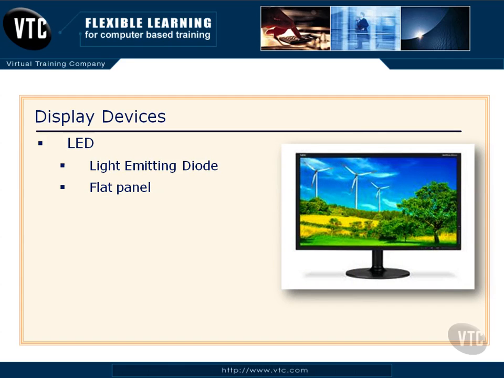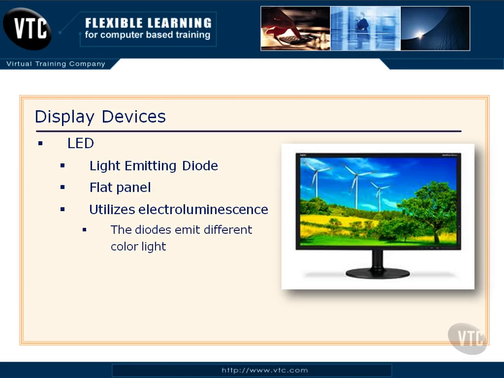LEDs look just like LCDs. They tend to be more contrasty. Some people love them, other people don't like them so much. But the key word to watch for here is electroluminescence. That is what they utilize, the electroluminescence inside the diode to actually emit the light. And the diodes each emit different colored lights based on how they're manipulated.